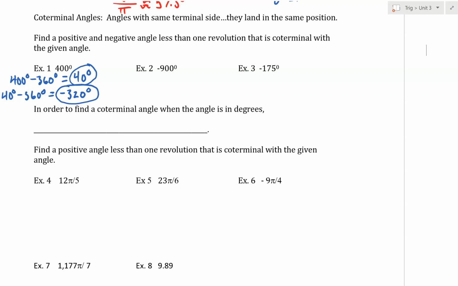Here it's saying negative 900 degrees. So I would take negative 900 degrees, and I'm going to subtract from that any situation where I have 360 degrees. If I take away, or add in this case, if I'm adding 360 degrees because this is already negative, well, if I add 360 degrees, it's going to not get me where I want to be. It's still going to be too big. So I would have to multiply that by the number of times I'd have to go around it.